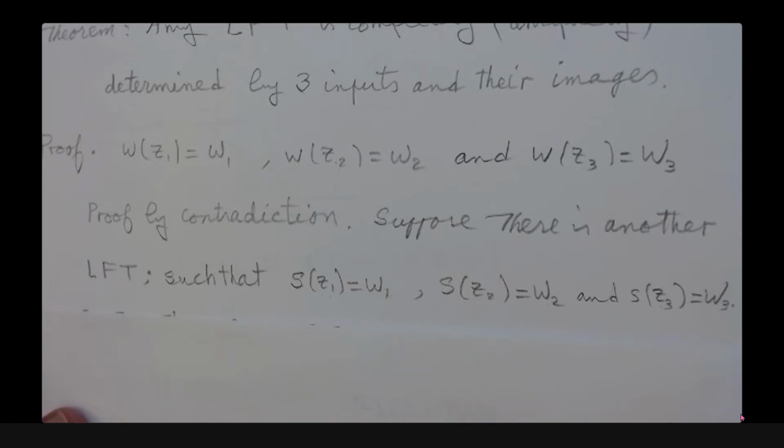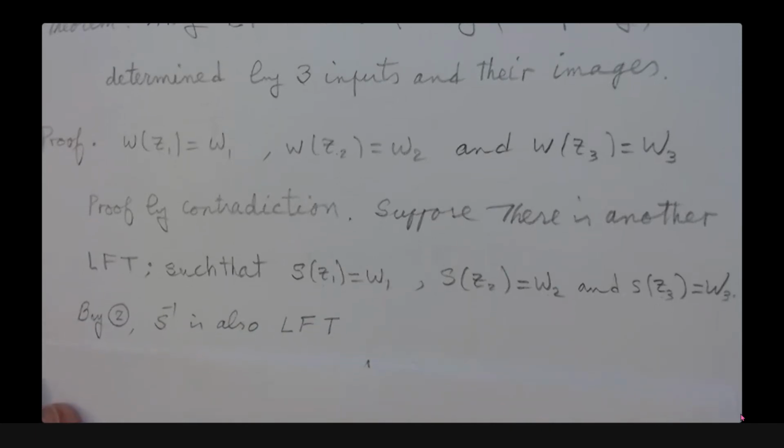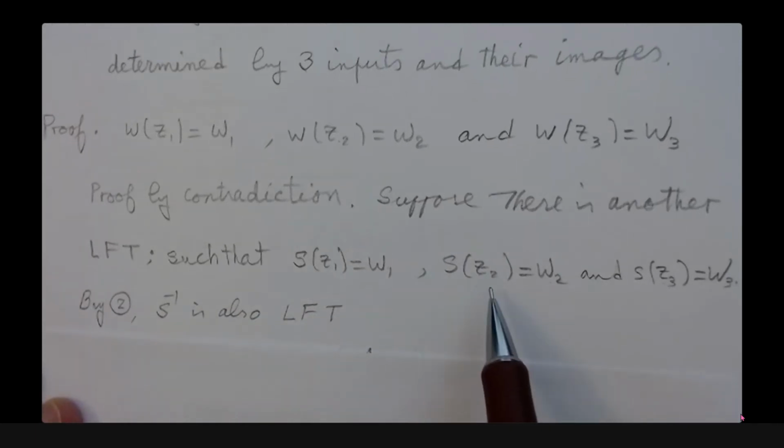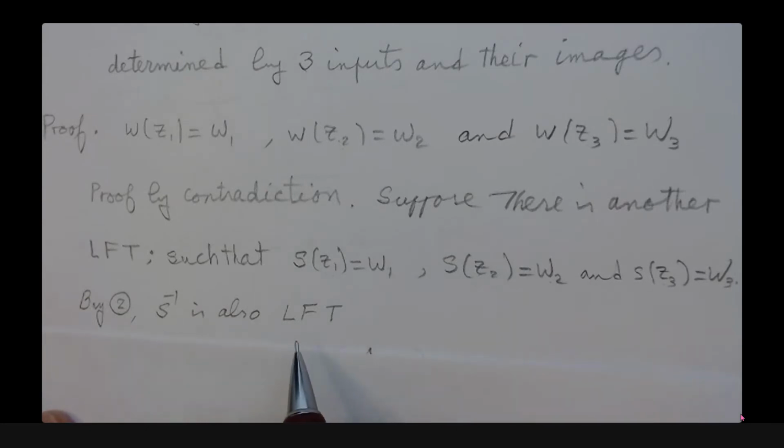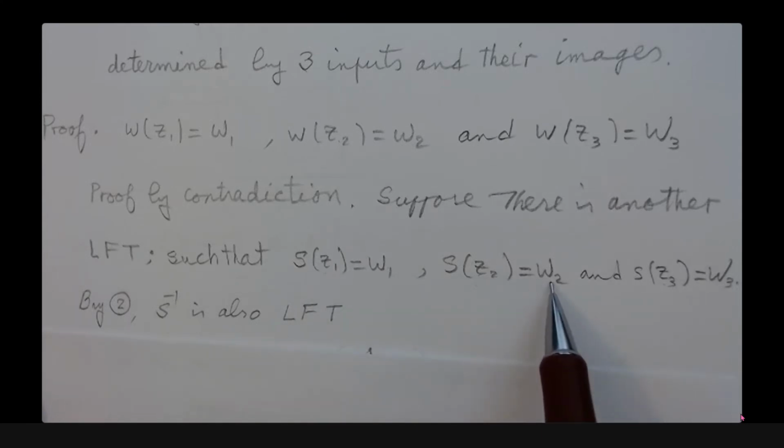So by one of the observations, I noticed that the inverse of any Mobius function is again a Mobius function, right? What does this inverse do? The inverse will go the other way around. So S inverse of W1 will be Z1, and S inverse of W2 will be Z2, and so on.